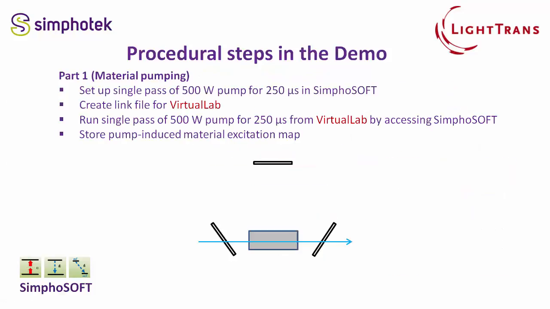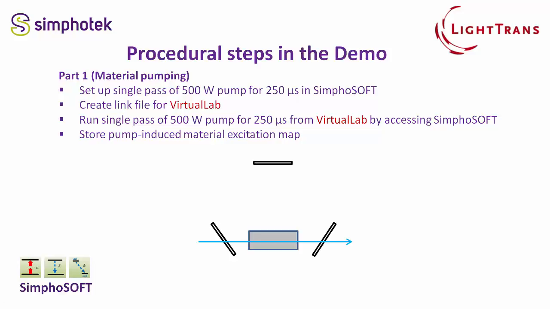The steps in this demo are as follows. The first step is material pumping, where we have a gain material inside the ring, and we're going to set up a single pass of a 500 watt pump through the gain material for 250 microseconds. We're going to set this up in SimphoSOFT and create a link file to use the SimphoSOFT file in VirtualLab.